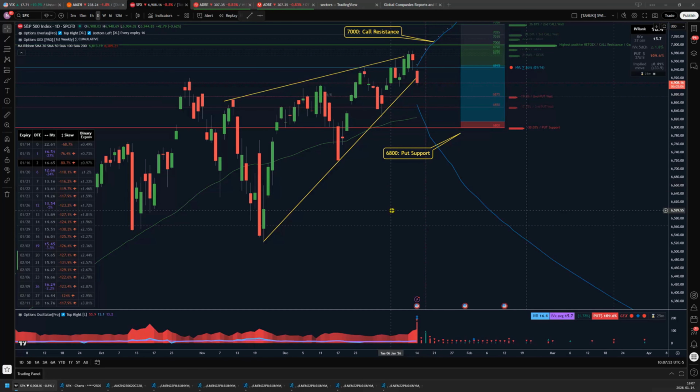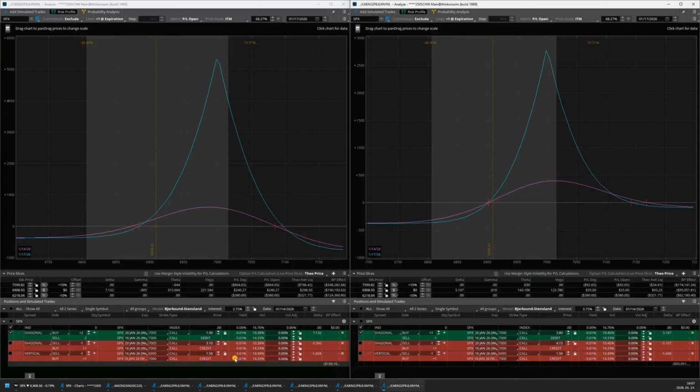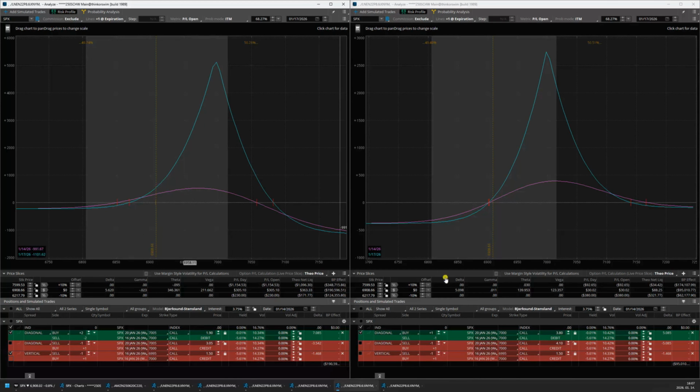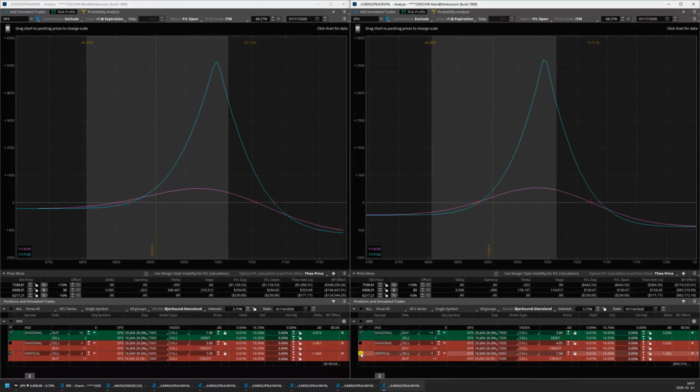So right now both are up money, and if we had done the two adjustments in terms of making it more diagonal, this side and also this side, they are both up money. So this is around $300 and this is around $100 with the adjustments.